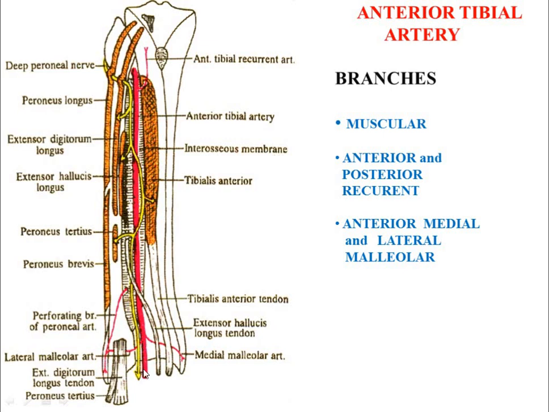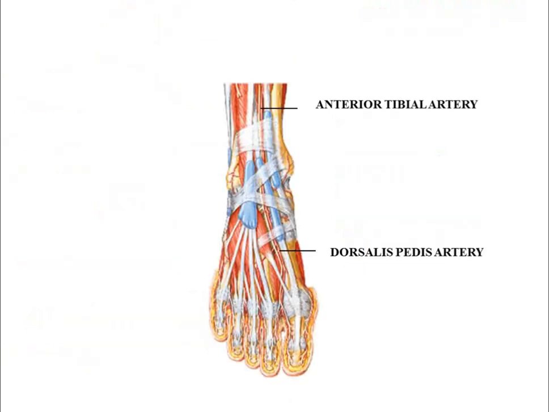Beyond the ankle joint, this artery continues towards the dorsum of the foot, and in the dorsum of the foot, this artery, which is the continuation of the anterior tibial artery beyond the ankle joint, is called the dorsalis pedis artery.